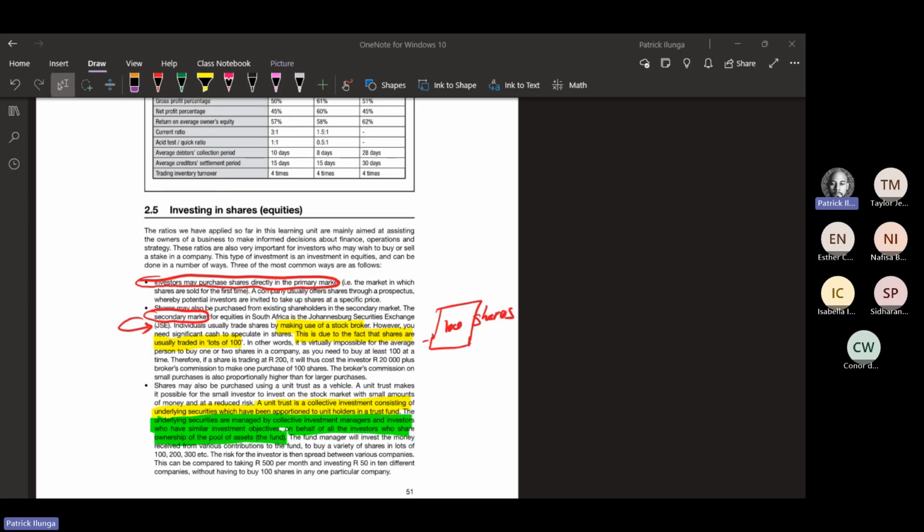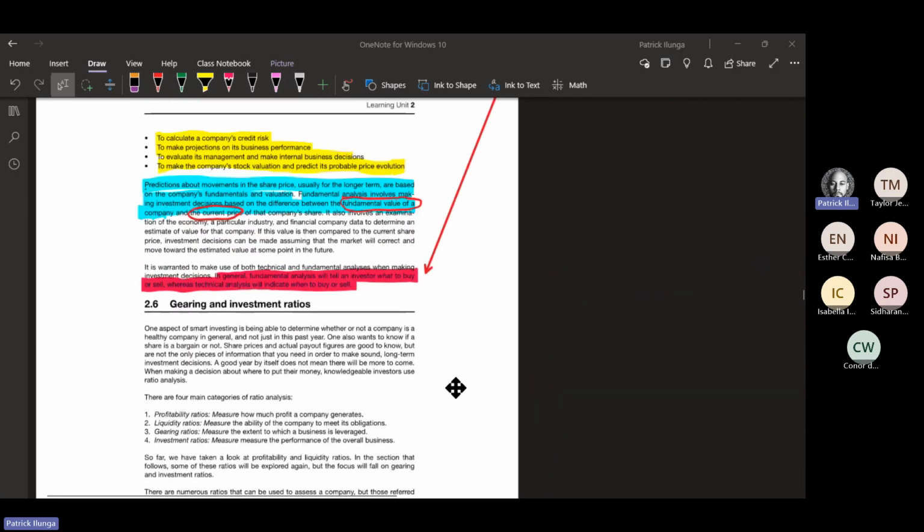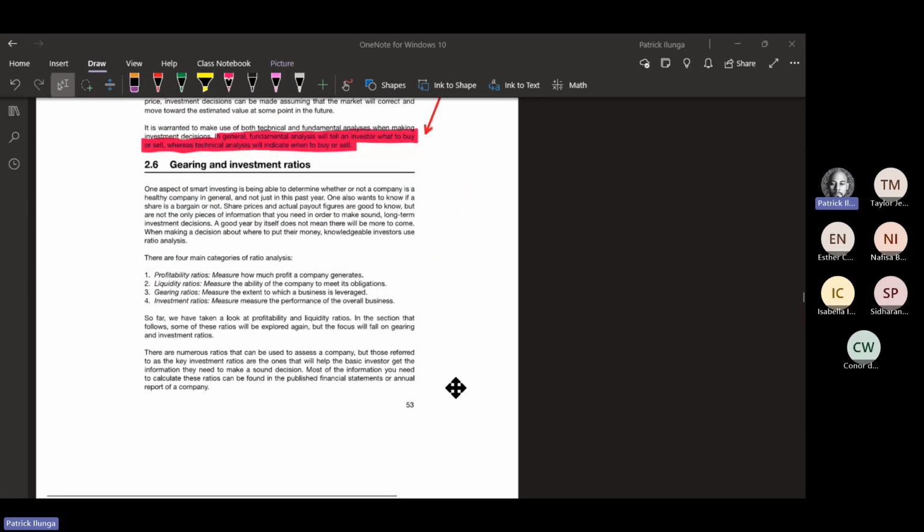It is quite well summarized. In the recording, I covered technical and fundamental analysis. You just need to understand it. But I want to touch on the gearing and investment ratios, if you would allow me, all right?